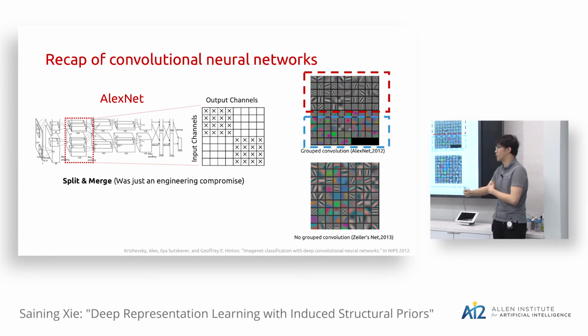There's no constraint; this is learned naturally just because you are training in two different groups. Compared to ZFNet, where there's no group convolution, you can see the edge detectors and the color blob detectors are randomly interleaved. There's no clear pattern of separation.